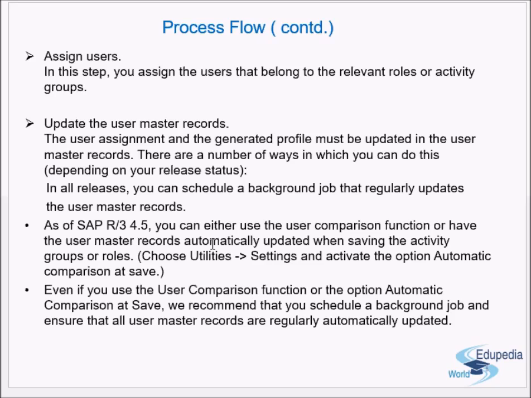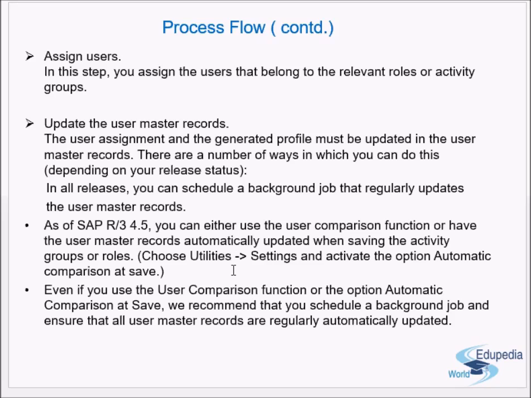And there is one more thing: if in utility settings you activate the option automatic comparison and saving, then when you save, it will be done automatically. But otherwise these have to be done manually, and generally we schedule a background job, because sometimes the security administrators tend to forget to do the user master comparison.